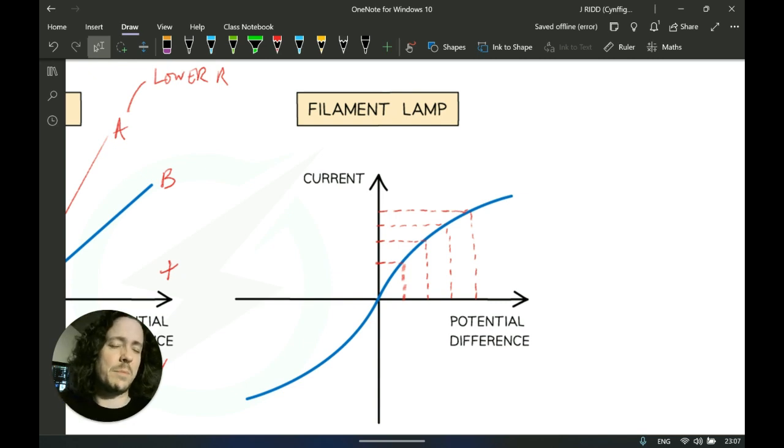As the atoms vibrate more, that in turn causes more collisions. If you like, the likelihood of electrons passing through unimpeded goes down, and there are more collisions. And when we have more collisions, we have a greater opposition to the flow of charge, and therefore greater resistance.